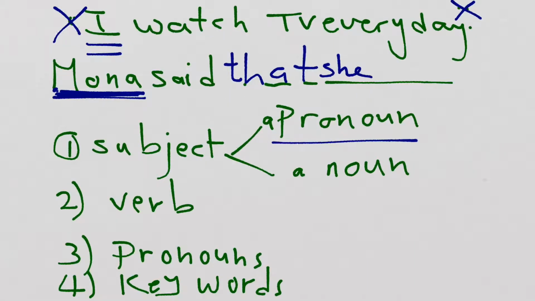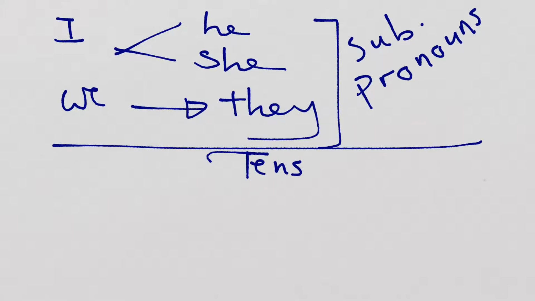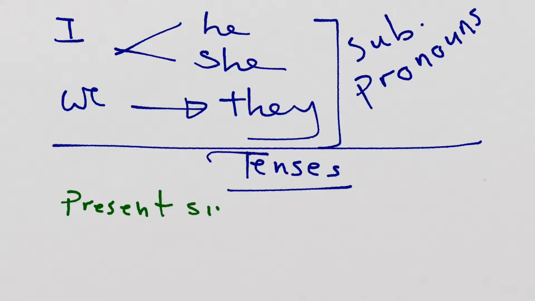And then you have to pay attention to the tense of the verb. Here we have a verb in the present form. So if you have a sentence in the present simple tense, you have to change it into past simple.